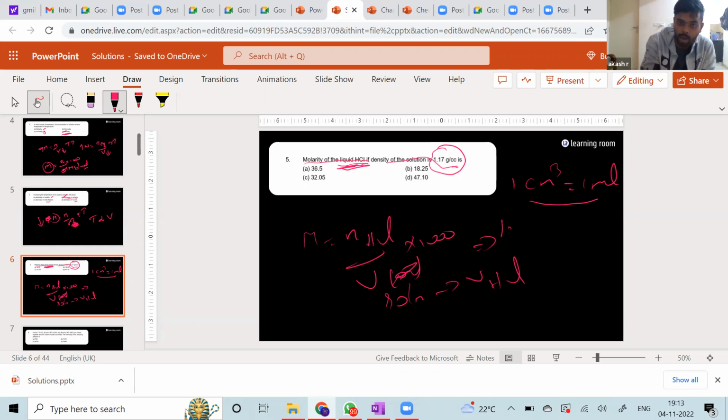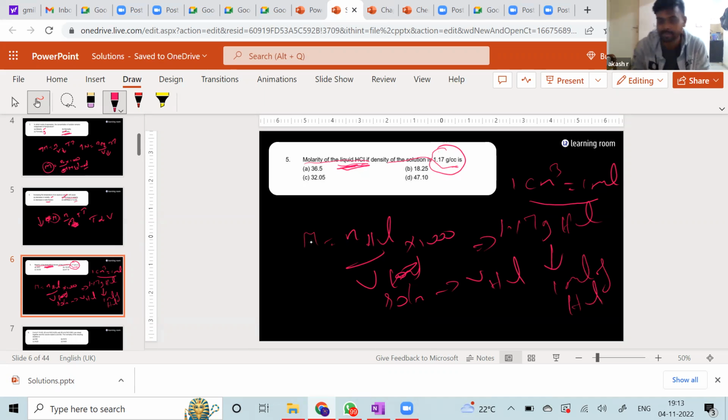Can I say 1.17 gram of HCl is there in 1 ml of HCl? Density tells us in a particular volume how much mass is there. So 1.17 gram of HCl is present in 1 ml of HCl.